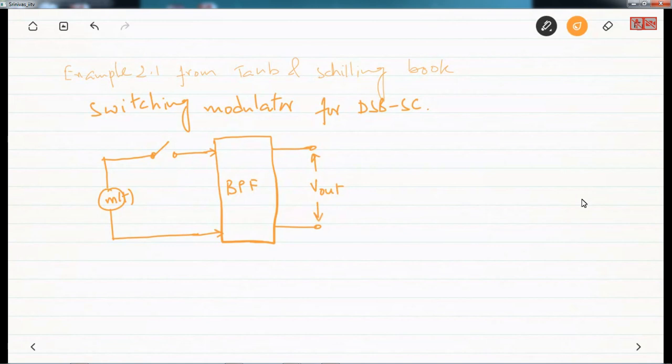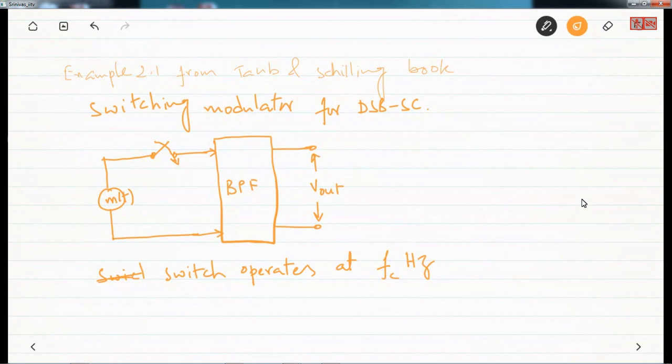And this switch operates at fc, right? So before going to the switch, let me write all the specifications of the problem, then we will solve it.